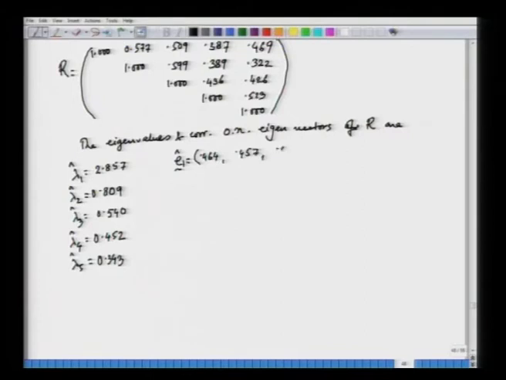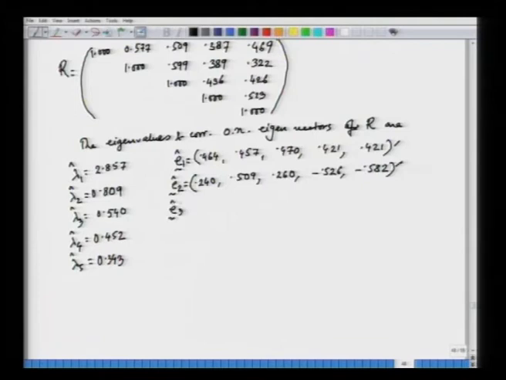I am getting the corresponding orthonormalized eigenvectors. E1 hat is 0.464, 0.457, 0.470, 0.421, 0.421. This is my first eigenvector. The second eigenvector is given by 0.240, 0.509, 0.260, minus 0.526, minus 0.582. E3 hat is minus 0.612, 0.178, 0.335, 0.541, minus 0.435.